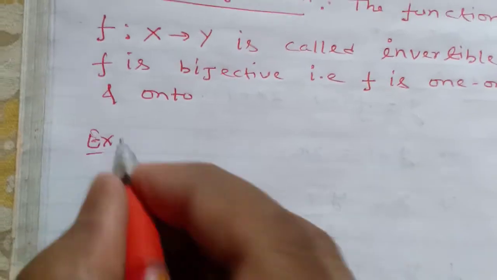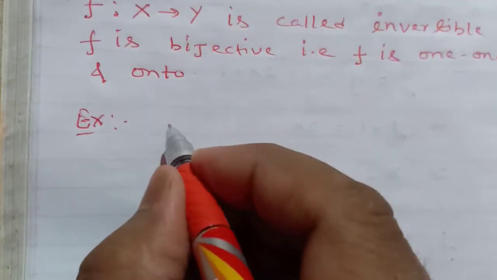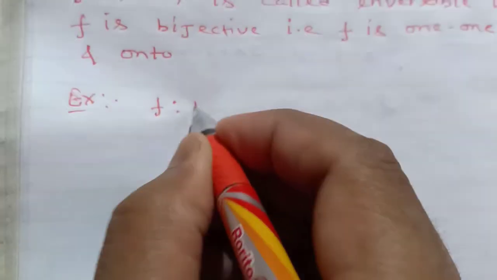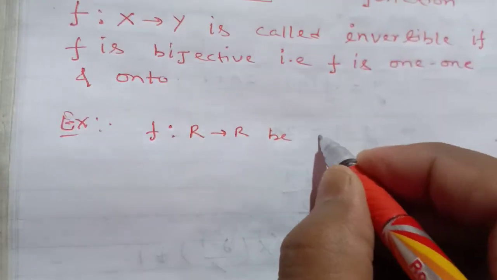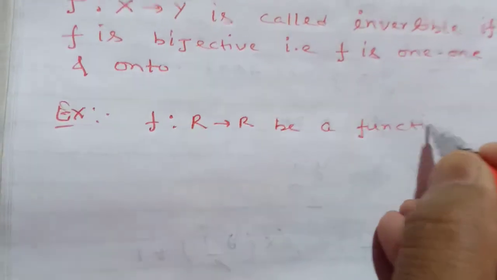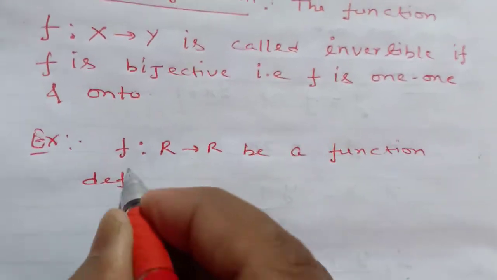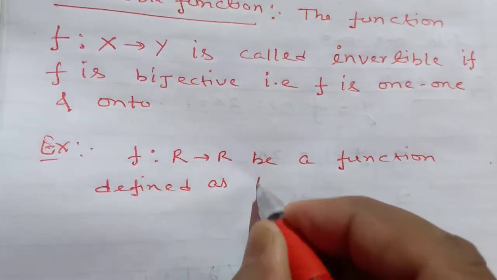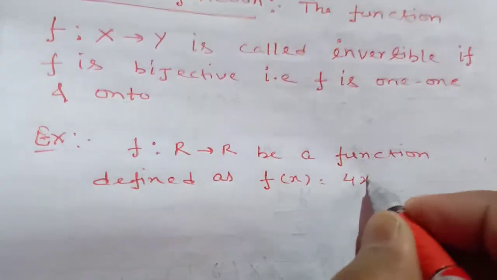Example: f from R to R be a function defined as f(x) = 4x + 3.